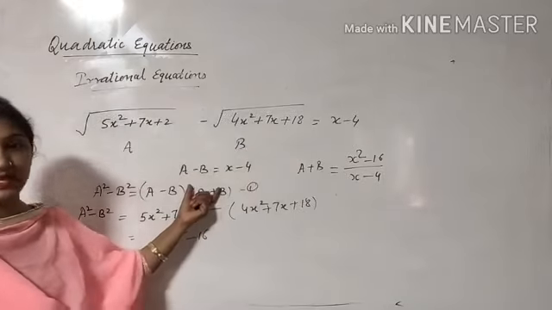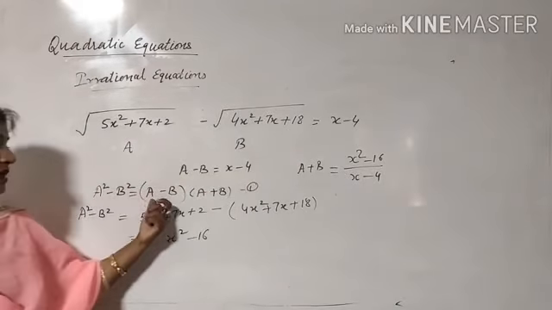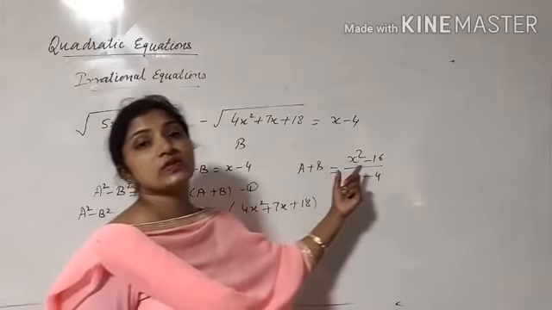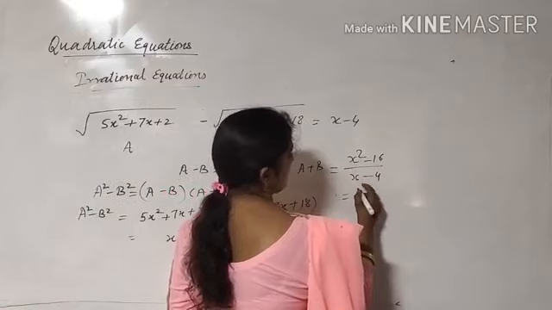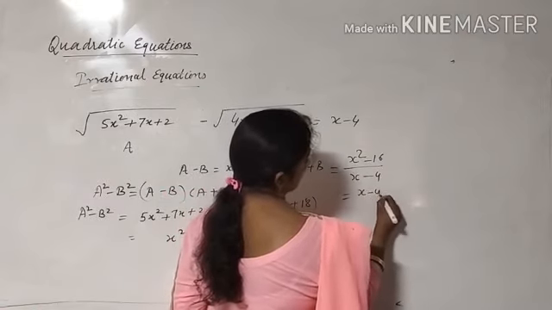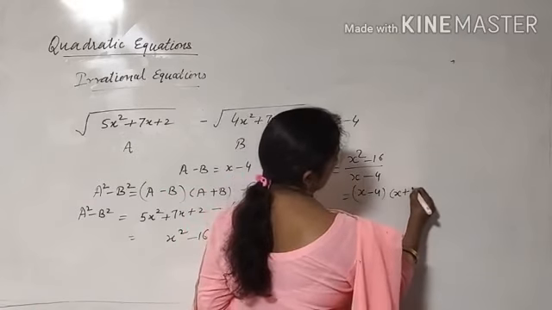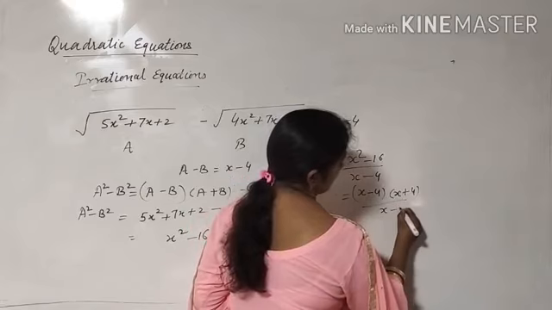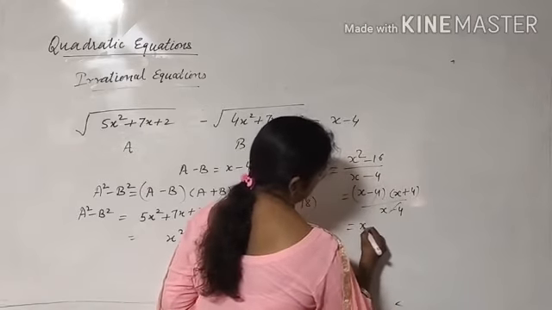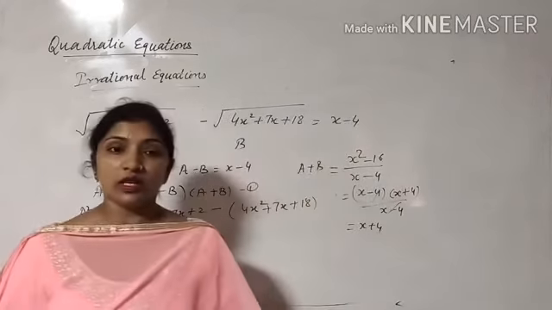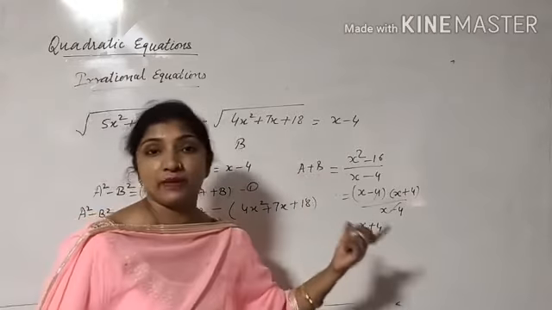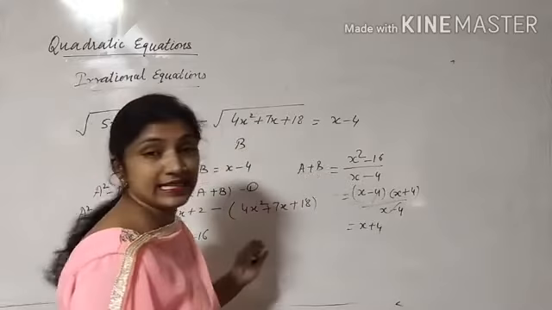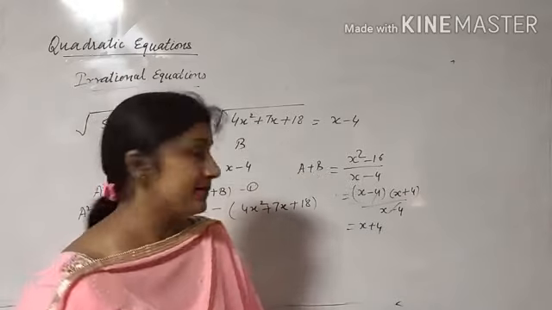So a plus b is a square minus b square upon a minus b, that is x square minus 16 upon x minus 4, and x square minus 16 is x minus 4 into x plus 4 divided by x minus 4. So we have x plus 4. Now we have the value of a minus b, we have the value of a plus b. After adding these, we get the value of a, right?